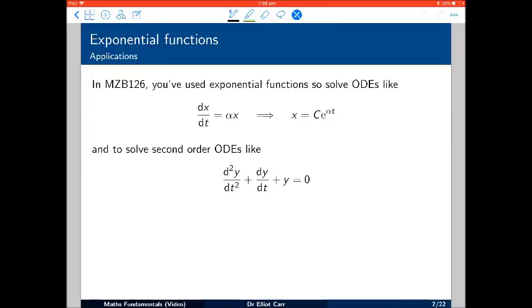So one important application of the exponential function is that because its derivative is itself, it finds application in solving differential equations.